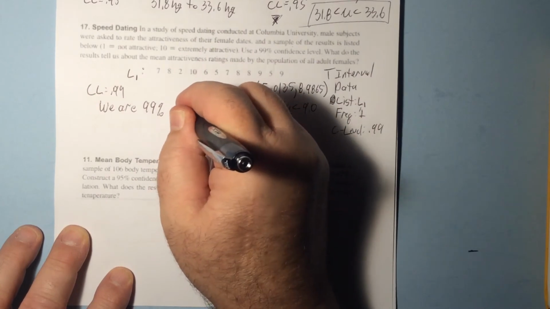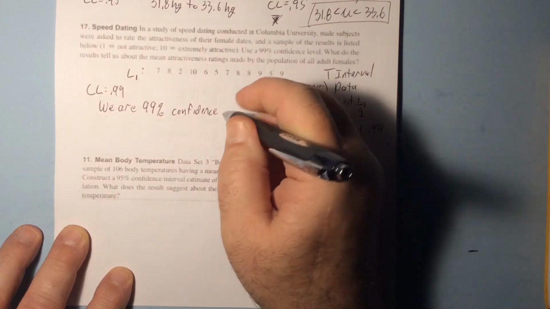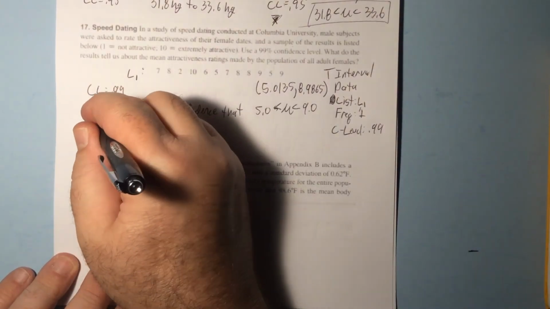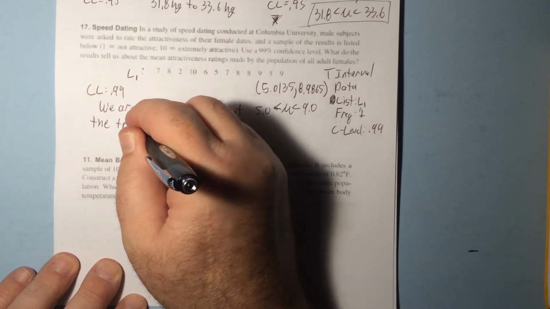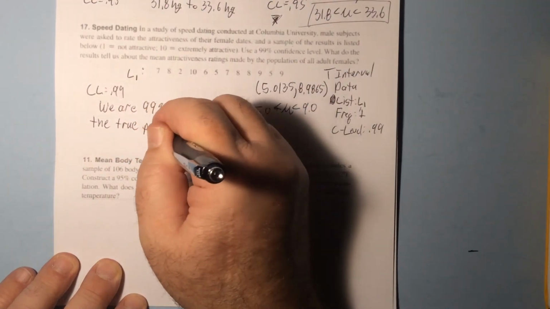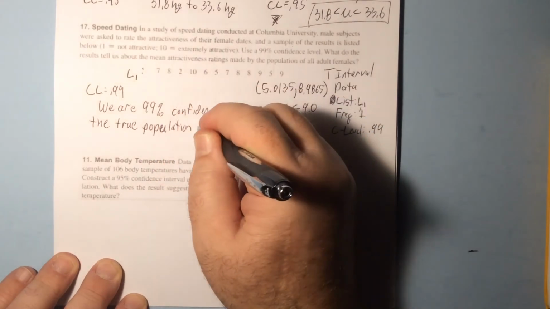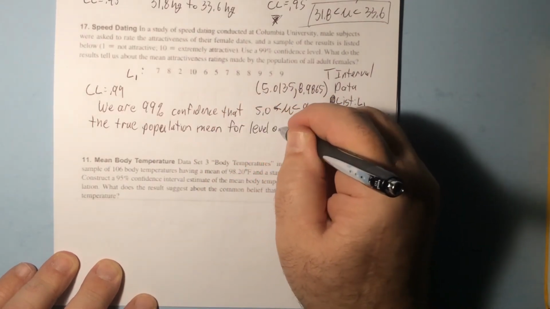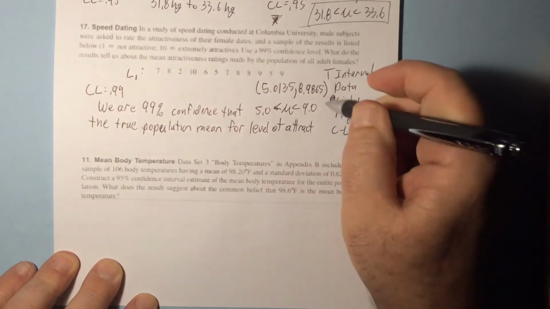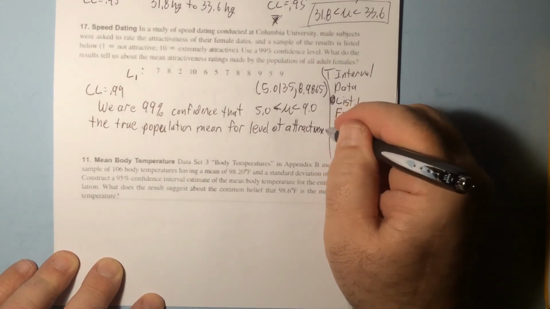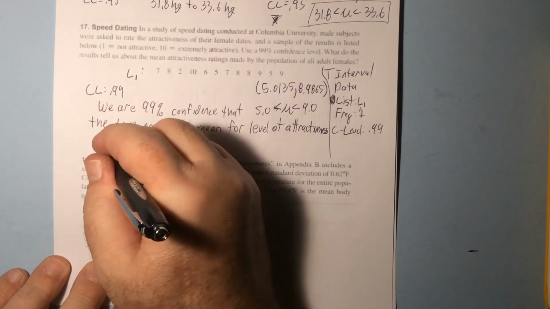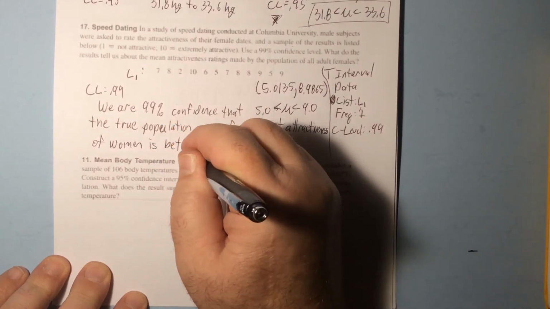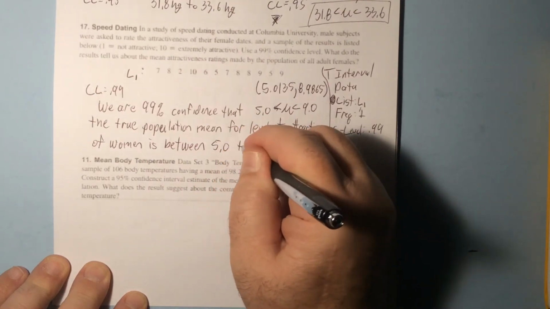We're 99% confident that the true population mean for level of attractiveness of women is between 5.0 and 9.0.